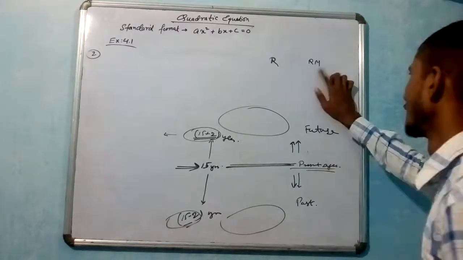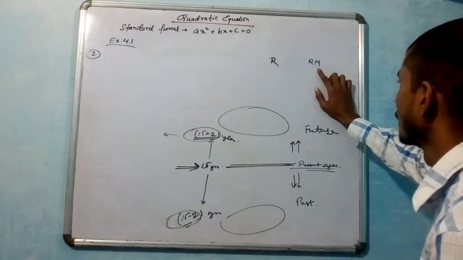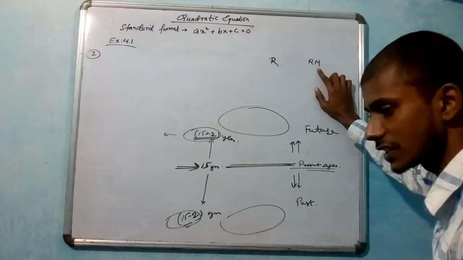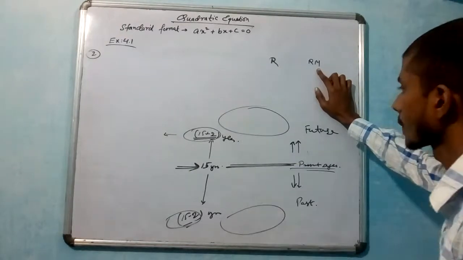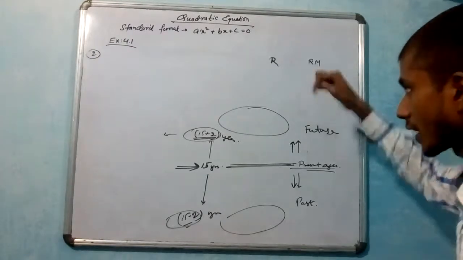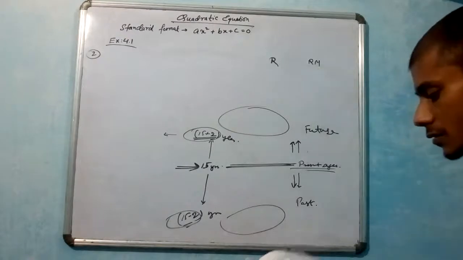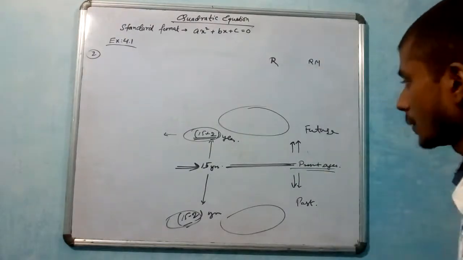So is this statement the present condition statement? Right now, it's not about past or future. It's telling right now Rohan's mother is 26 years older. So is this statement not talking about present ages? Yes, it is talking about present ages.